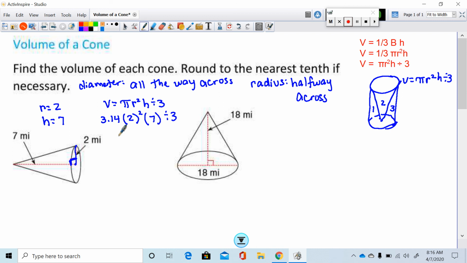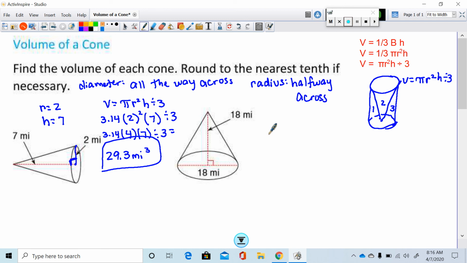So getting rid of the exponent, 3.14 times 2 times 2, which is 4, times 7 divided by 3. When you figure that out, you get 29.3 miles. And because it's volume, you cube the units, so miles cubed.